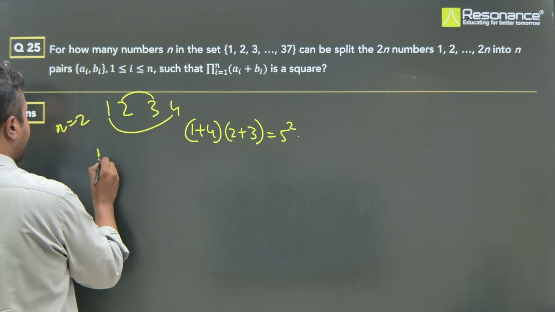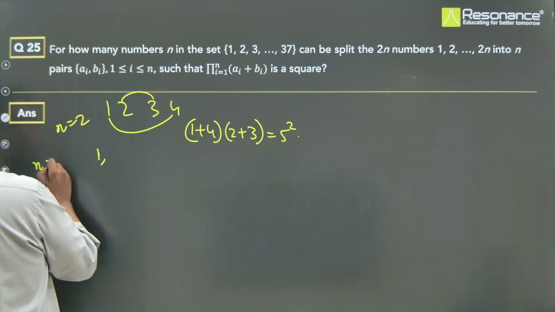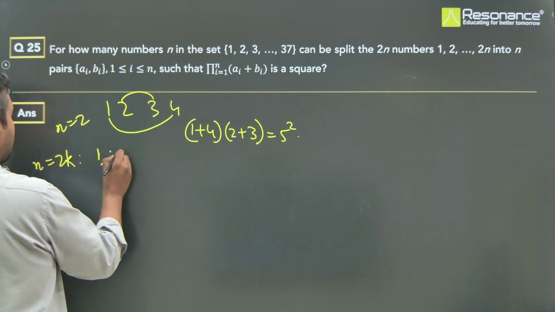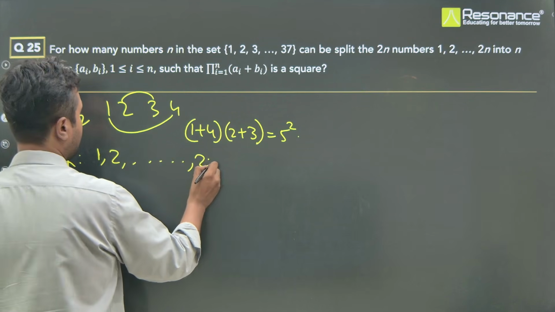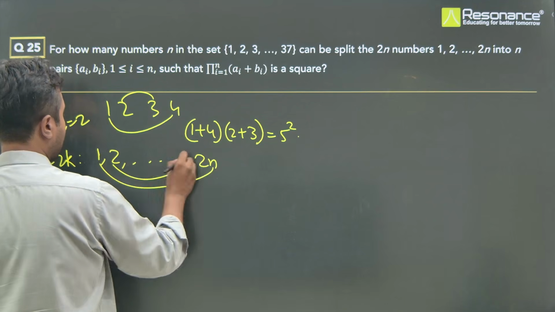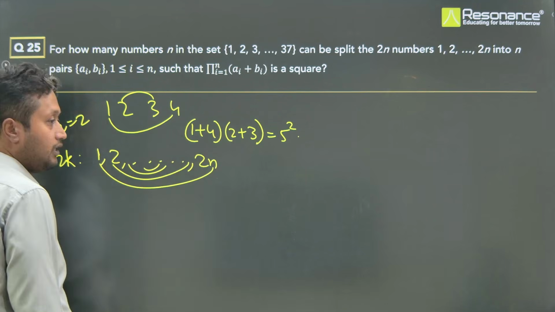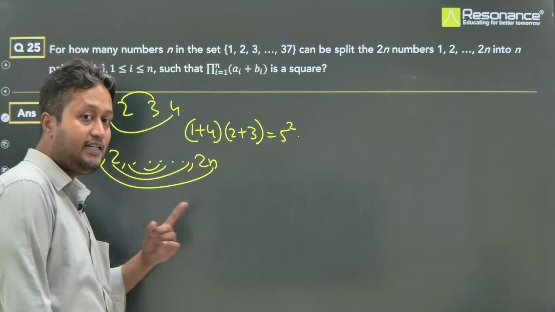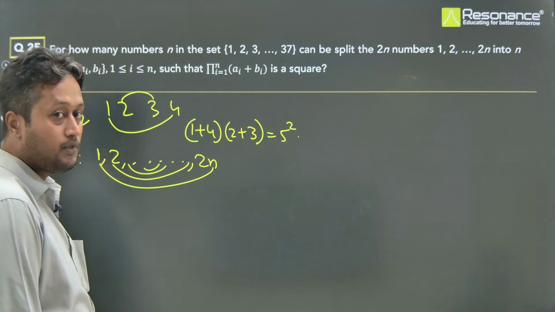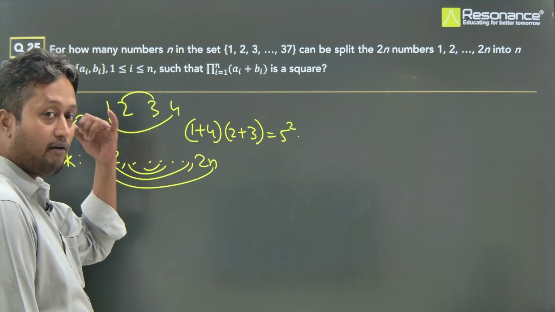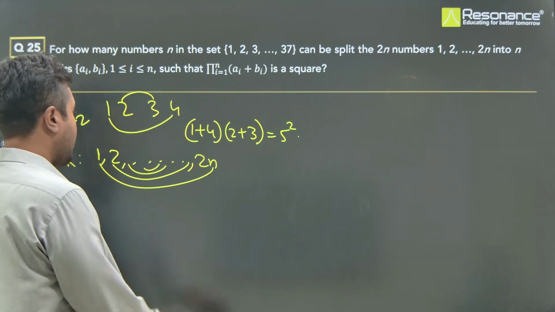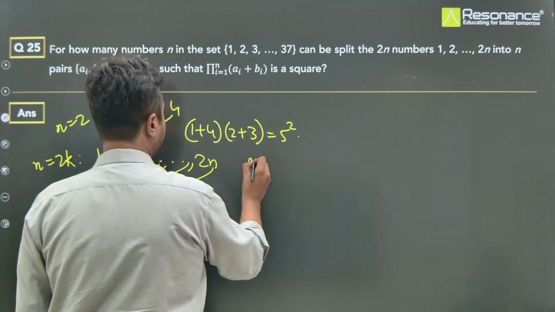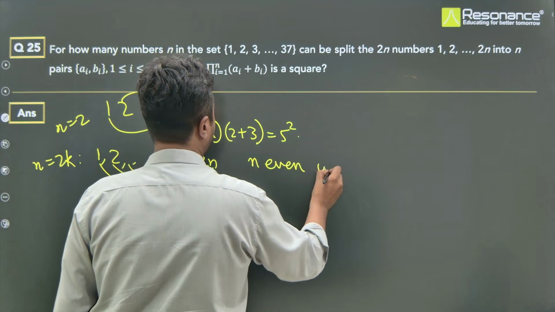Or in general, if you have n even, n is equal to 2k, you would have all these pairings like that, and then the number of pairs would be even, and the sum within each pair is a constant. So it's a constant number, whole power, an even number, so that would be a perfect square. So n even will always work.